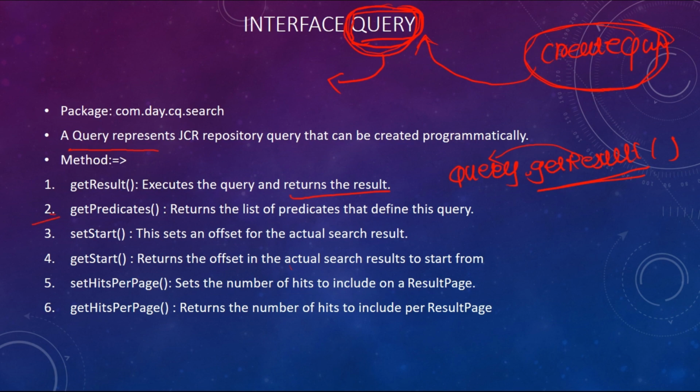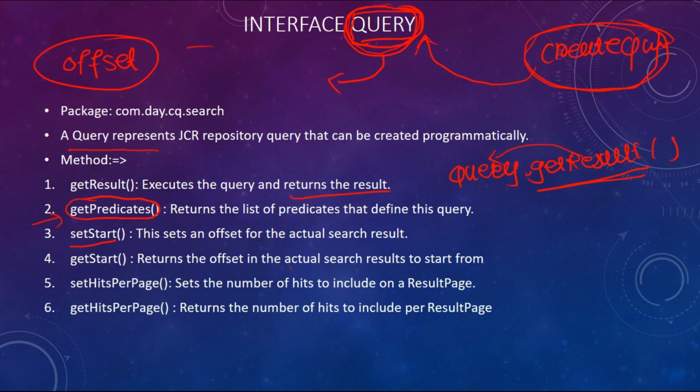It also has getPredicates. If you want the predicates from your query, you can get them using this method. After that, start is nothing but your offset, the starting point of your hits.